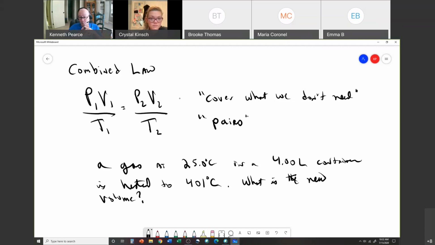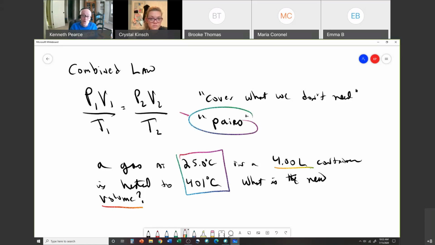Do I see grams? Do I see something going to something? It's the same sort of thing here. You look at it and you go, do I see pairs? And the answer is, why, yes, I do. I see a pair of temperatures and I see a pair of volumes. I do see pairs, don't I? And so if you see pairs, this is what you need.